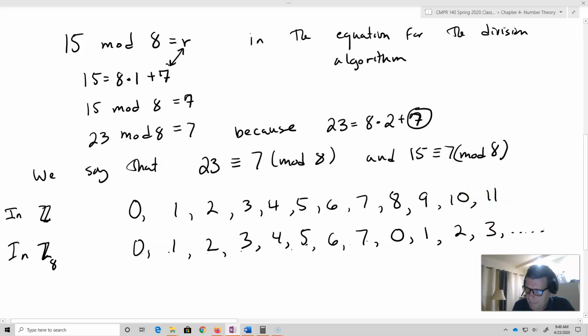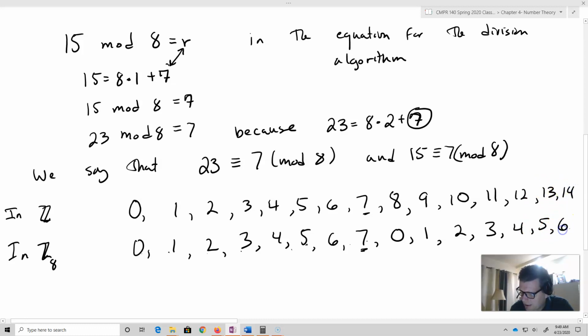So here's the thing: anything that has the remainder of 7 is going to be a 7. If I continue to move up on these integers, 12 is going to be 4, and 13 is going to be 5.